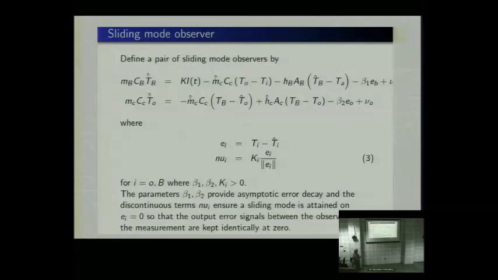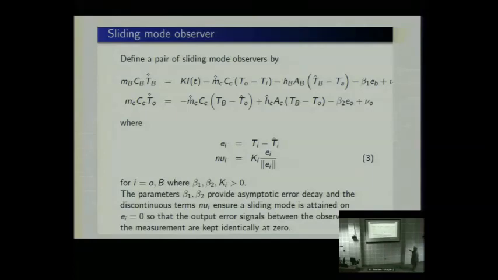So we use a very simple sliding mode observer. We did just what we did this morning. We wrote down an observer here, which was the nominal dynamics. We used a linear injection, and we used a discontinuous injection. So the beta parameters, rather like the A22S this morning, provide asymptotic error decay.